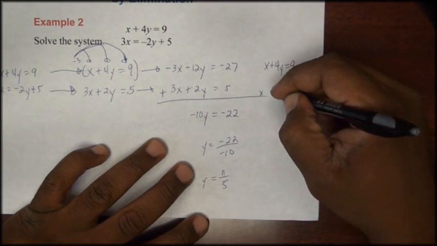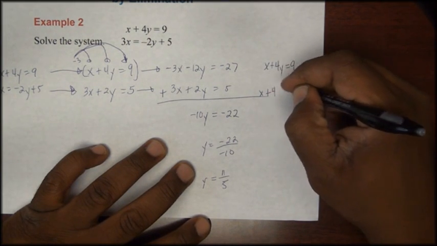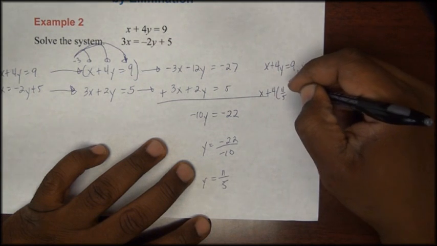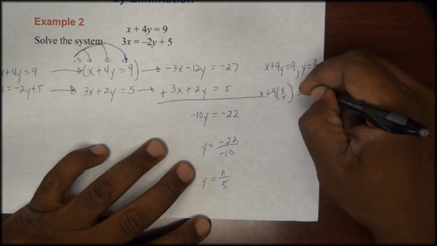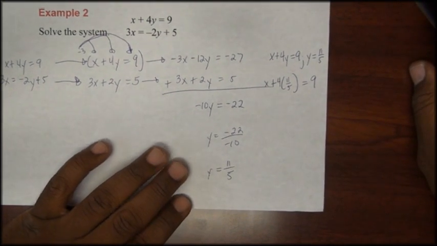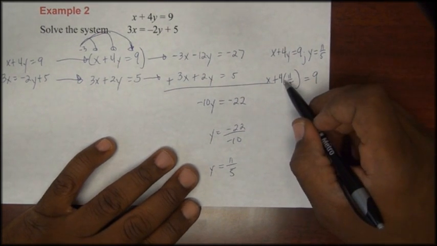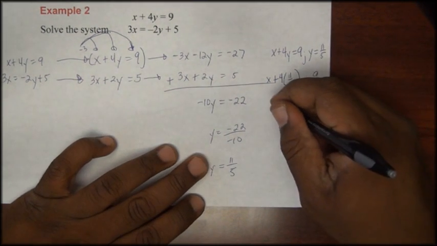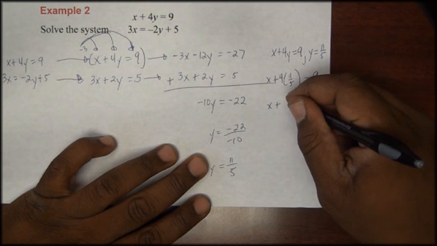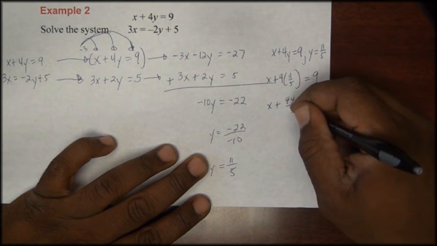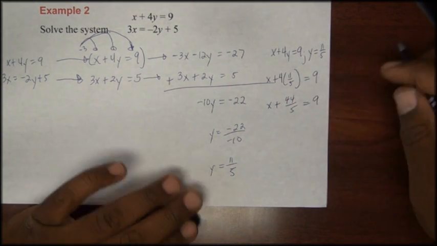So we have x plus 4 times 11/5 is equal to 9. I'll simply multiply 4 and 11/5. So x plus 44 over 5 is equal to 9.